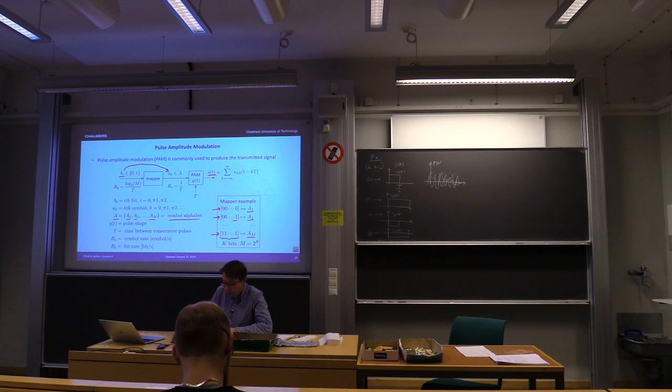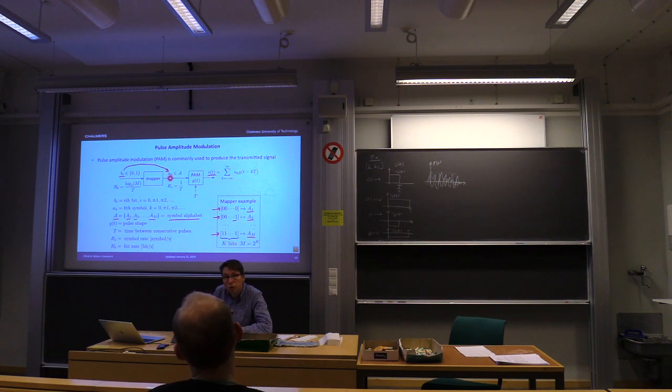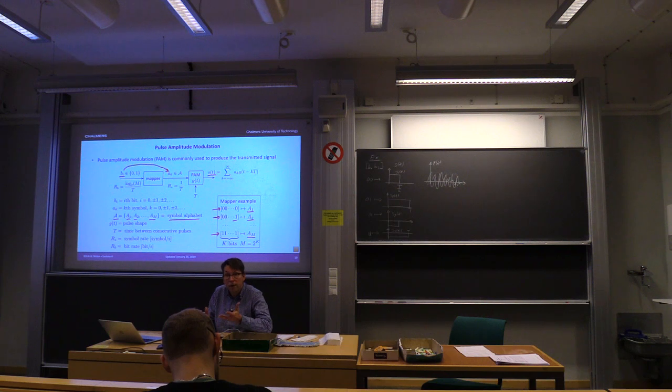So what the mapper does is take a block of bits and then output an amplitude, and the amplitude is chosen from this set of amplitudes. Questions on that? No. Okay. So the bits are encoded into an amplitude, a real valued number, typically.